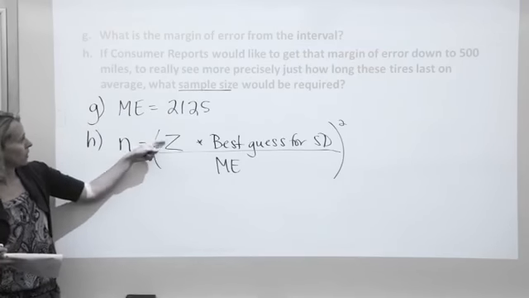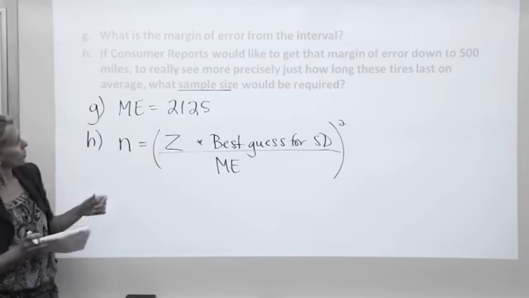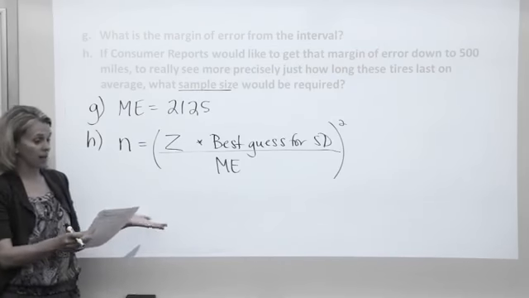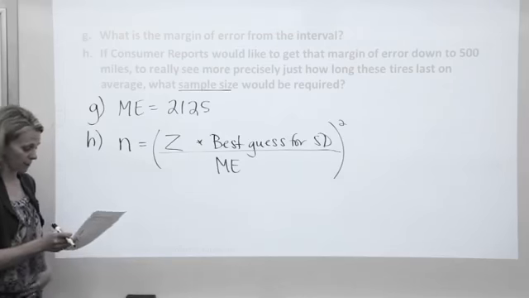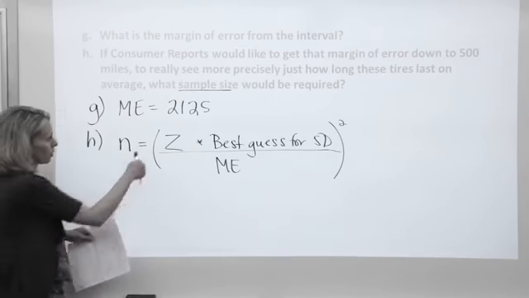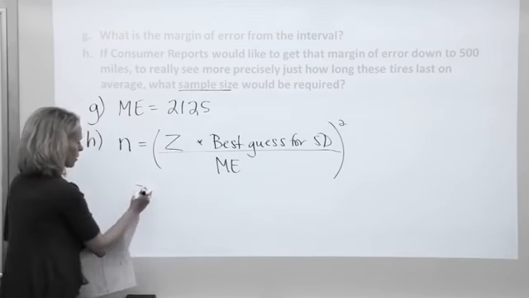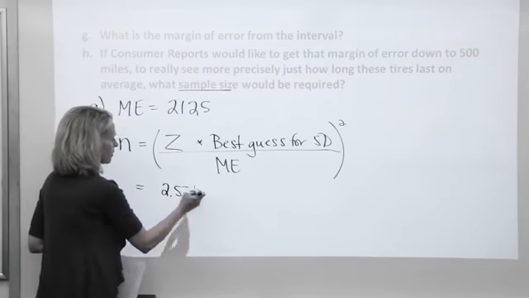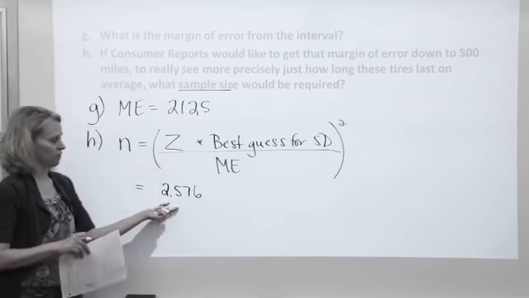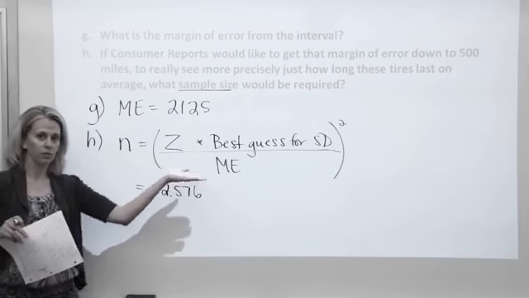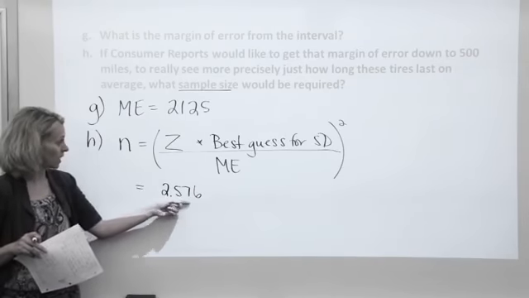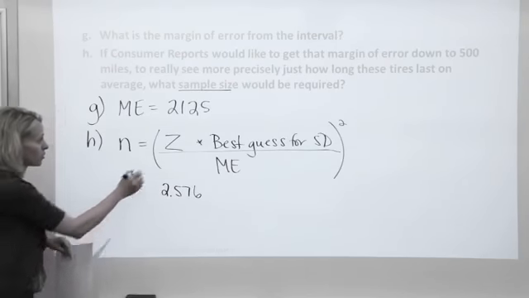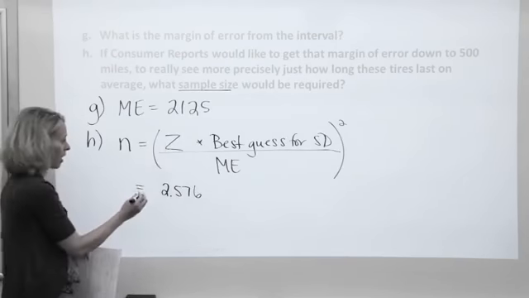Okay, so the critical z-score, how confident are we? We want to remain 99% confident like we were back up in F. And so a critical z-score when you want to be 99% confident is 2.576. If you can't rattle that number off, that's okay. Use the normal, the z calculator in StatCrunch, and you ought to be able to get that.